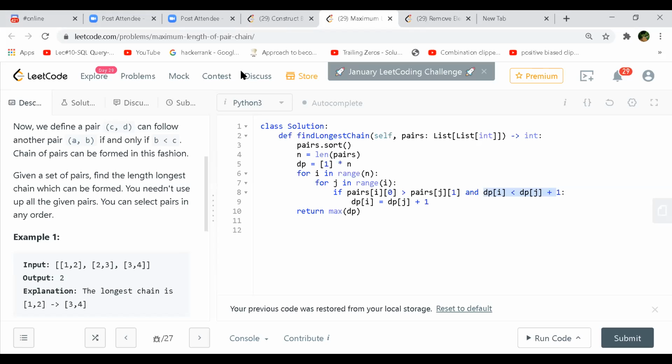I'll just annotate. You assume that they are all sorted based on the end. So you pick up this one, and this will be your starting point. You compare this index, always assuming that you are starting in this list.